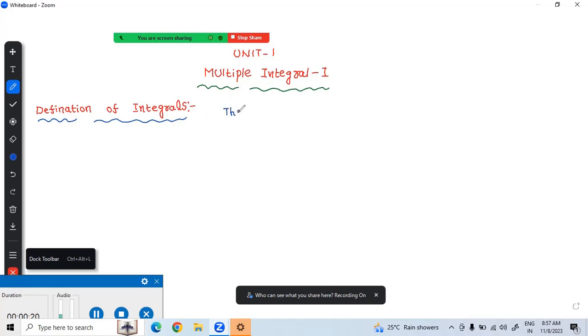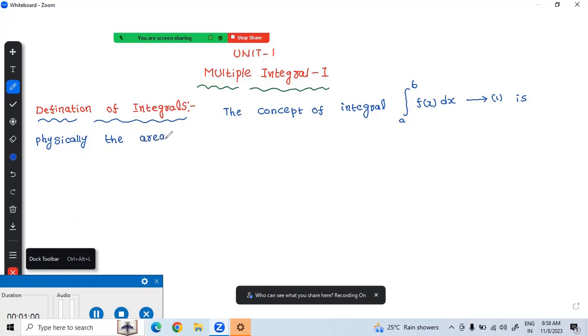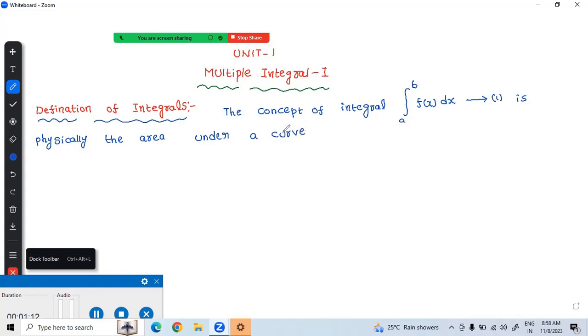The concept of integration: the integral from a to b of f of x dx, equation 1, is physically the area under a curve y is equal to f of x.